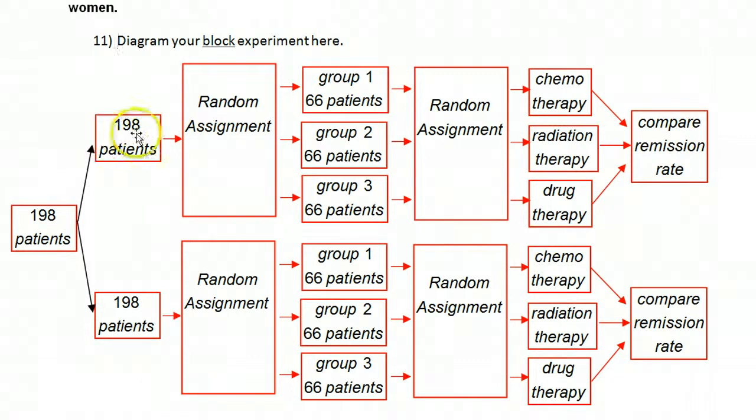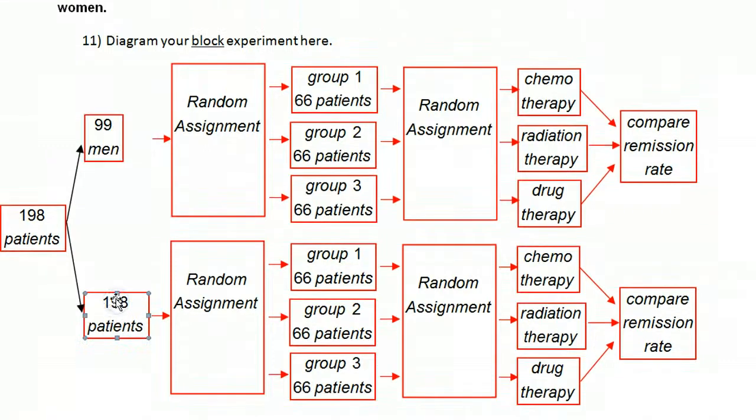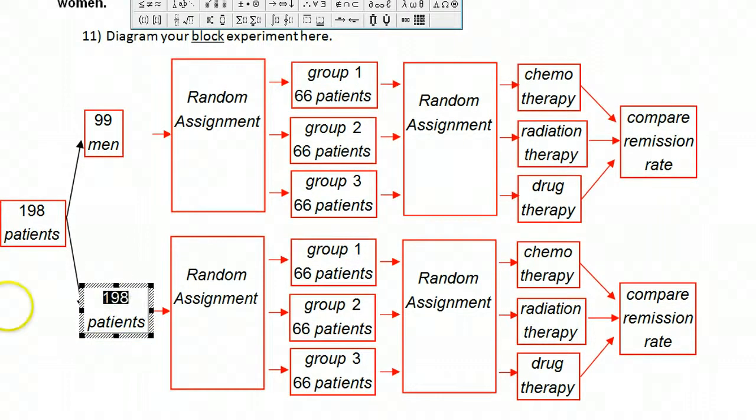When we just had the experiment run one time, with all the patients together, it was 198 patients. But now that we're splitting it up into men and women, it won't be 198 anymore. Half of 198 is 99. So there will be 99 men and there will be 99 women.